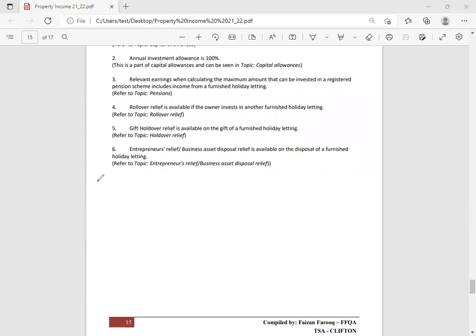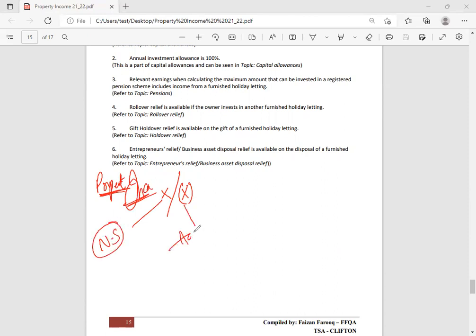Just see. We have, let's say, property income, or negative, meaning loss. Property income is non-savings income and it's adjusted with other properties. We learned that, right or wrong? Right.